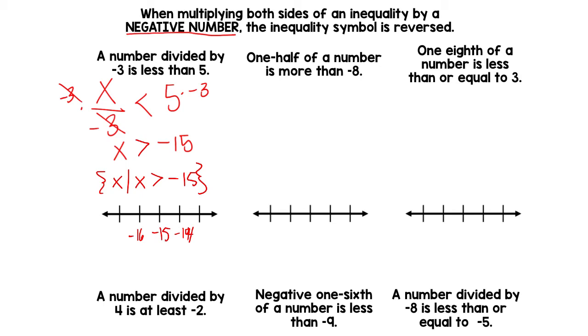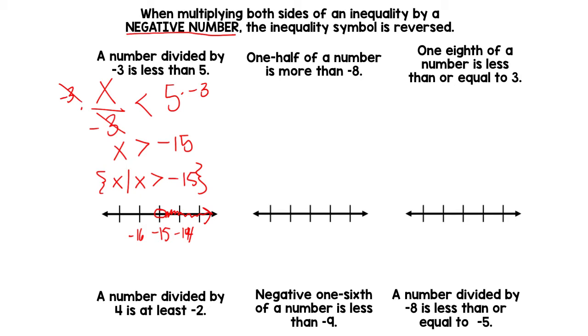Since there's no equals in our inequality, it's going to be an empty circle at -15. And since we have our variable on the left, our inequality symbol is going to point in the direction that we're going to shade our line. So the inequality points to the right, and we're going to shade to the right. All right, they're all going to be a whole lot like this.